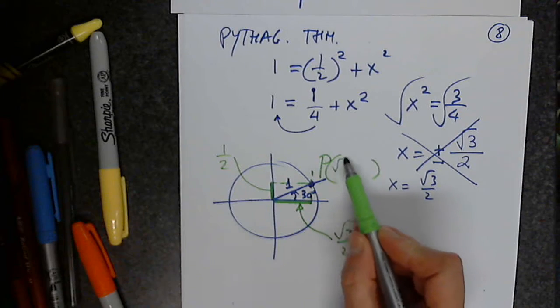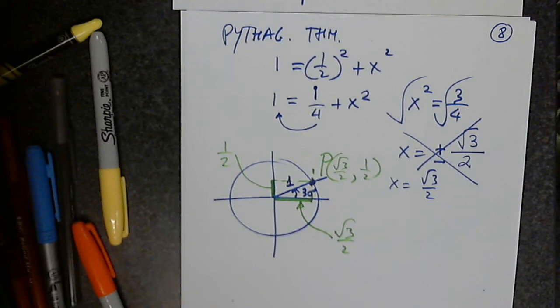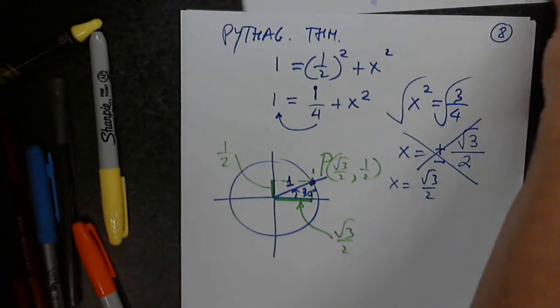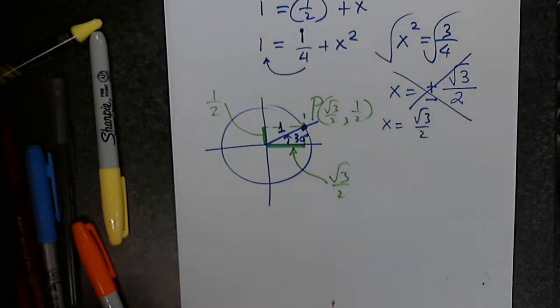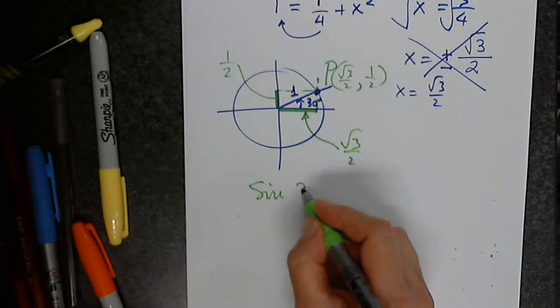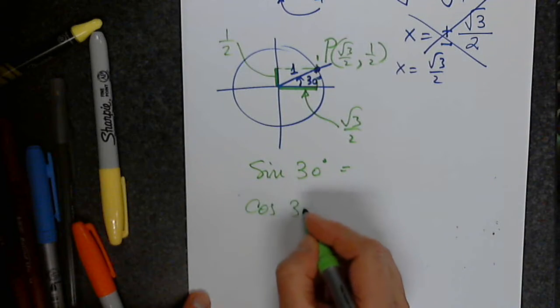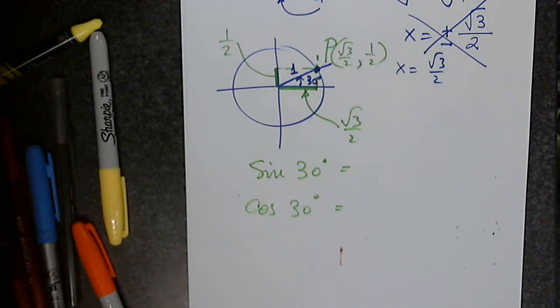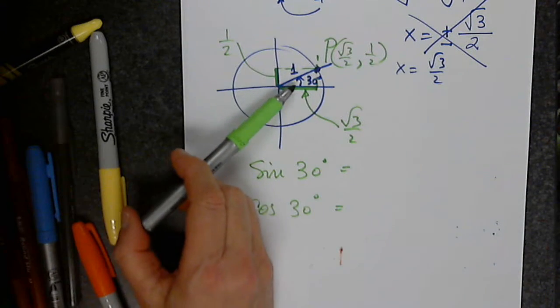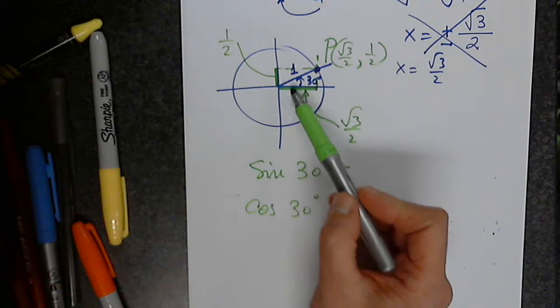It's square root of 3 over 2. Good. And finally, I'm going to ask you two questions. How much is sine 30 degrees? And how much is cosine 30 degrees? So what do we know about sine? We know that sine is the opposite over the hypotenuse.